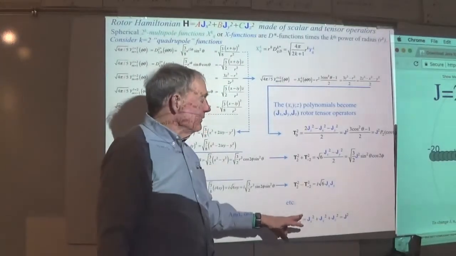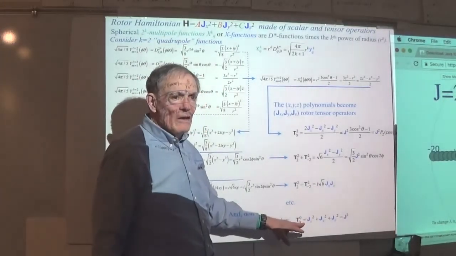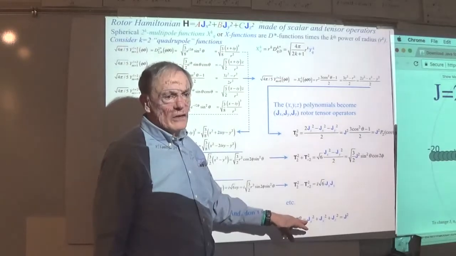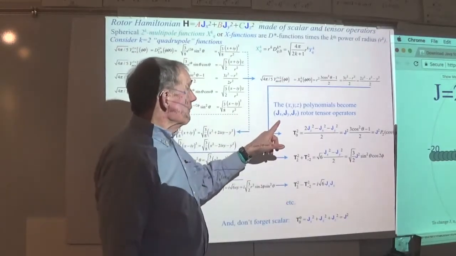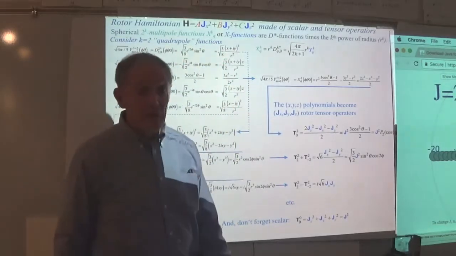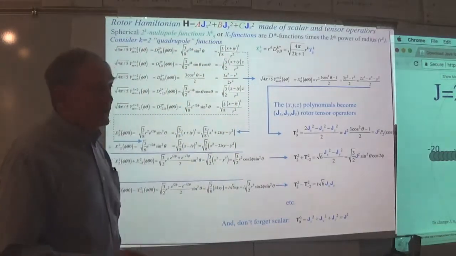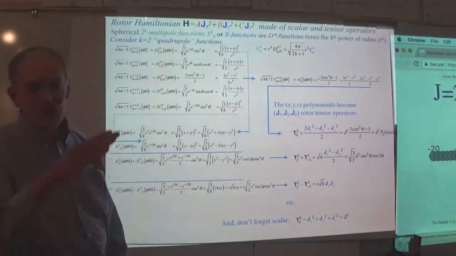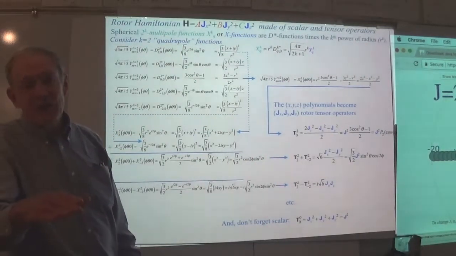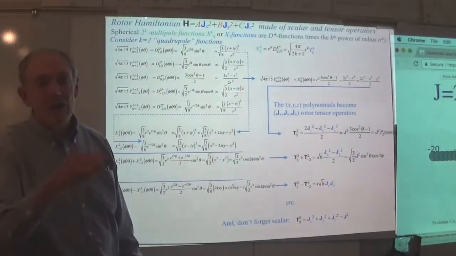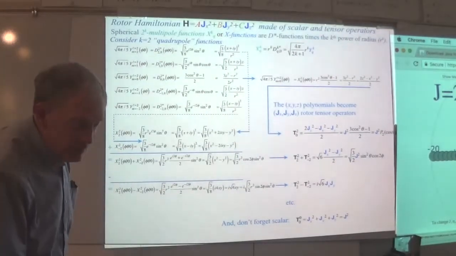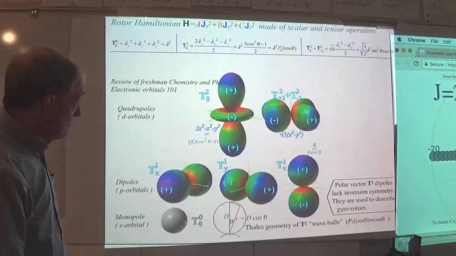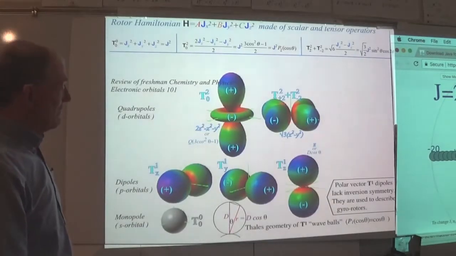Except that I always have the same power of Jx, Jy, and Jz, right? Total power is always 2 for this particular game here. So, in a sense, they're all rank 2, because the diagonal tensor would be called rank 2, right? X, x, y, y, and z, z. Does that make sense? Okay, so here's what they look like.